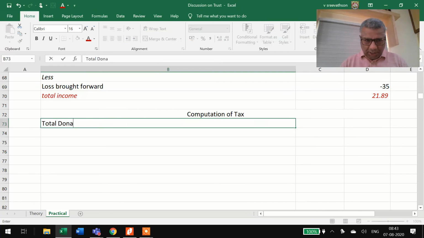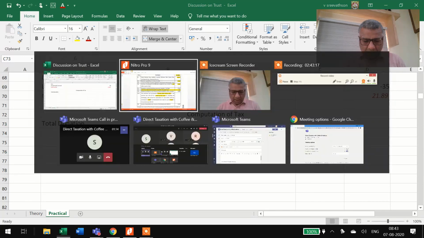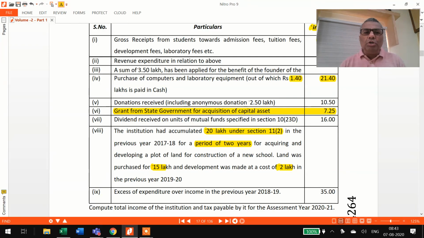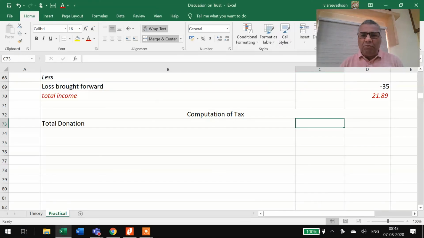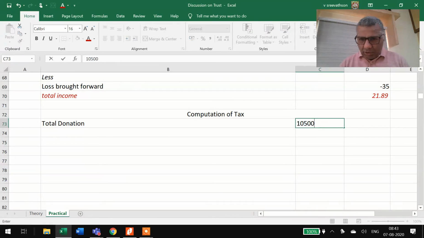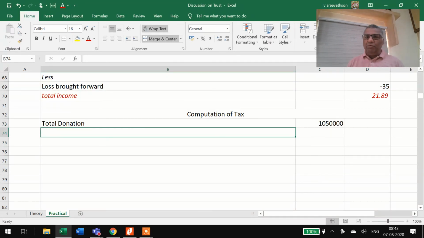Total donation: I have received a total donation of 10 lakh. I'll work out in absolute value: 10 lakh 50,000.